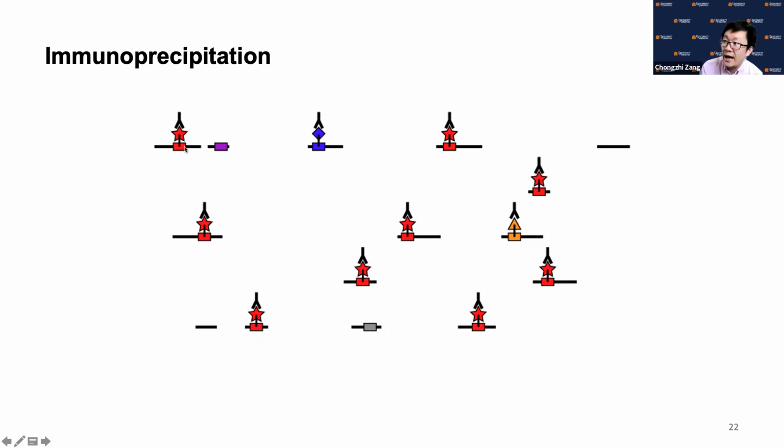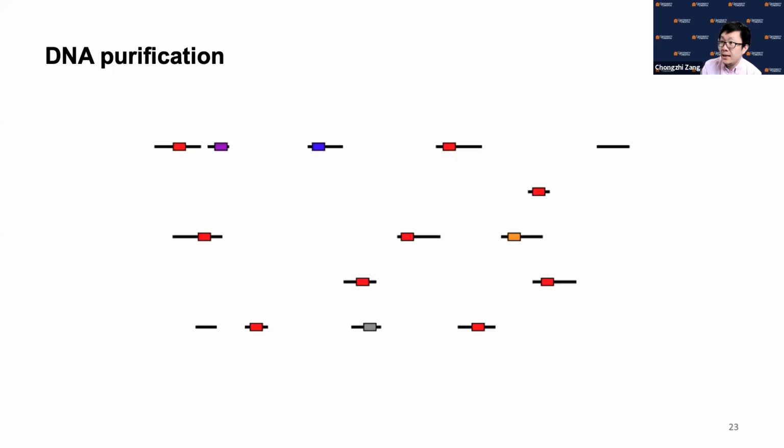So now we use the antibody to get the complexes of our protein of interest, the transcription factor, as well as the DNA fragments that are interacting with it. Next, we wash out the protein from the samples to purify the DNA.